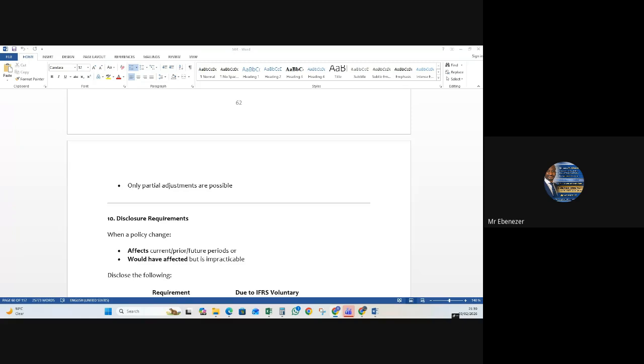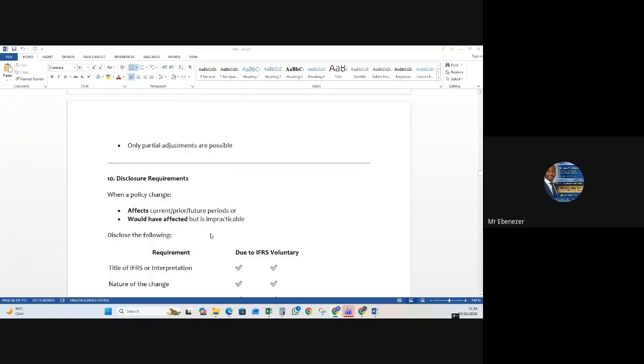Now, we have disclosure requirements when a policy changes, right? The disclosure requirements will now be for you to show us how the policy affects the current account, prior account, or future periods.